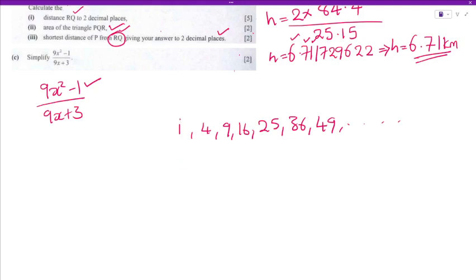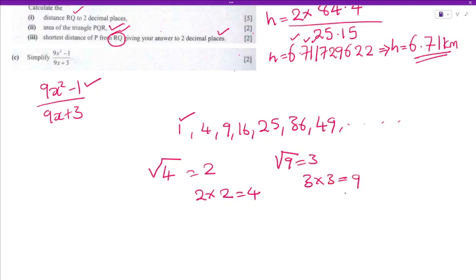Okay, so why is 1 a perfect square? What is the square root of 4? The square root of 4 is 2. Why is 2 the square root of 4? Because 2 times 2 gives you 4. What is the square root of 9? The square root of 9 is 3. Why? 3 times 3 gives you 9. That is why 3 is the square root of 9.